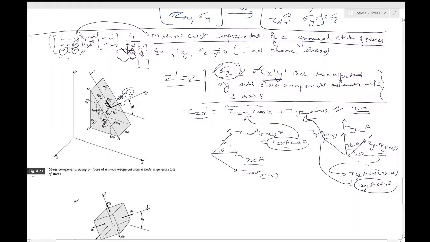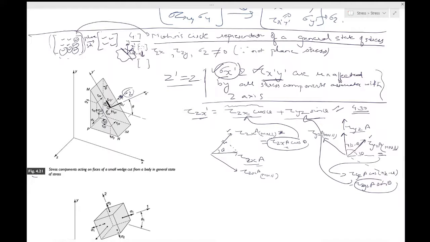This is the component of tau zx along a direction perpendicular to MN. This is the component of tau yz along a direction perpendicular to MN. So this is the summation of those two. Thus we see that tau zx dash is of such magnitude as to be equal to the shear stress component acting on the plus z face in the direction perpendicular to MN.